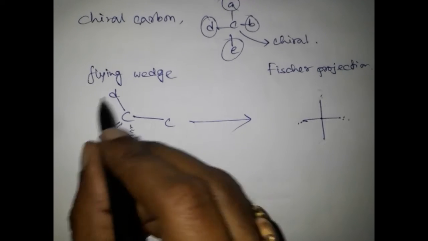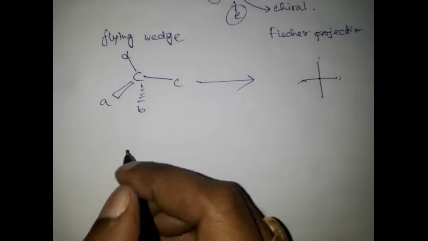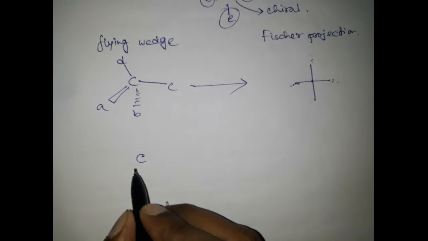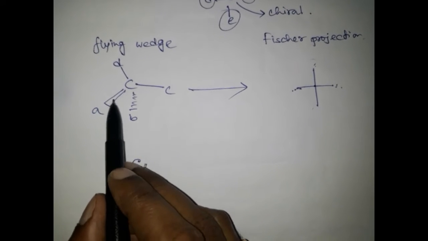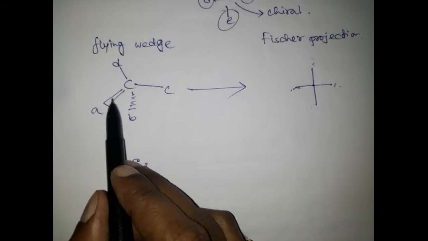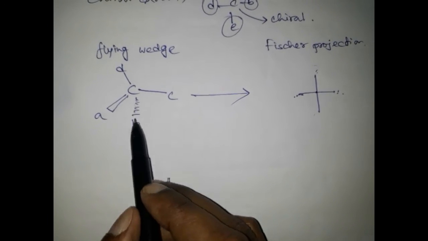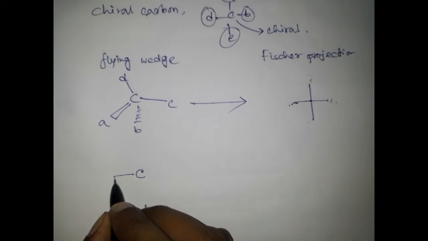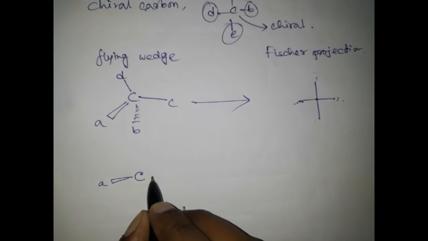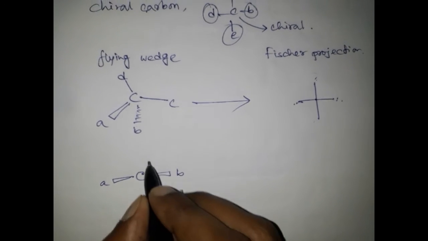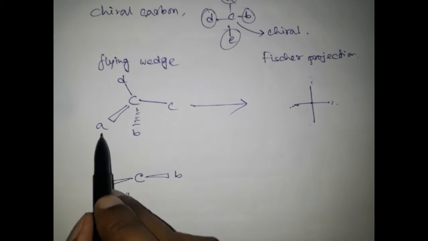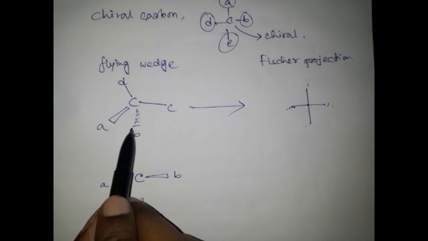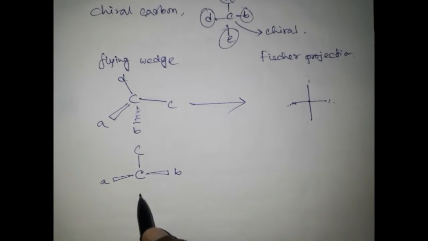So first we have to reconfigure it. How? You can see A and B: the A bond is above the plane and B is below the plane. So we can write A on this side and B on this side, and if we see from this side, we will see that C is on the top, D is on the bottom.